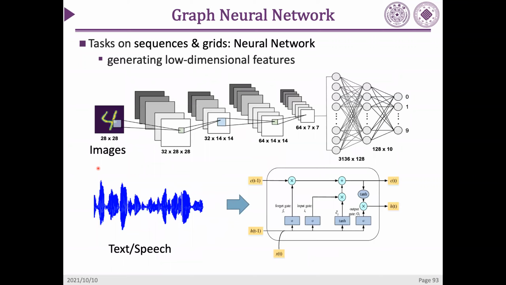Neural networks have strong abilities in solving tasks on sequences and grids. They target generating low-dimensional features of the original data. However, traditional neural network models, such as convolutional and recurrent neural networks, cannot be directly used for graph data.